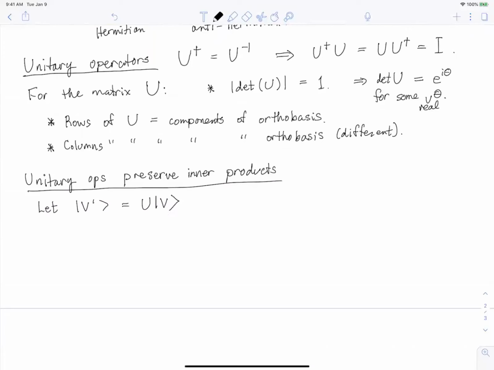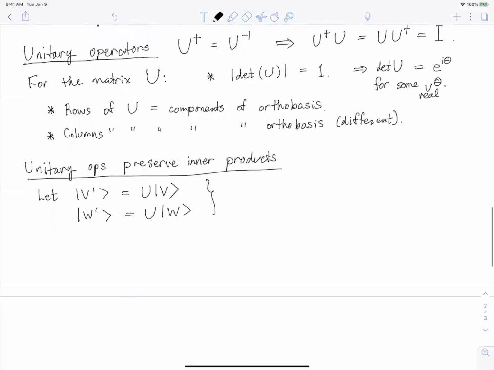And then I have some other ket W, and I construct W prime by acting with the same unitary operator on the ket W. The way to think about this, unitary operators you should think of as being like complex rotations. And so what we've done here is the same complex rotation on both of these kets.